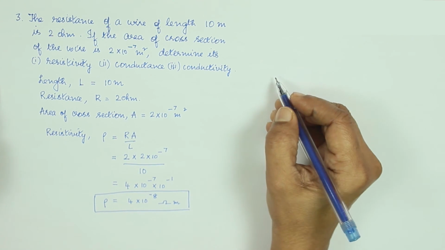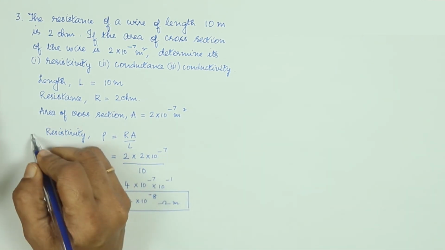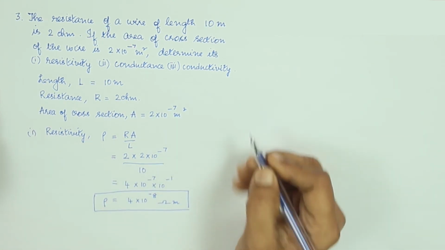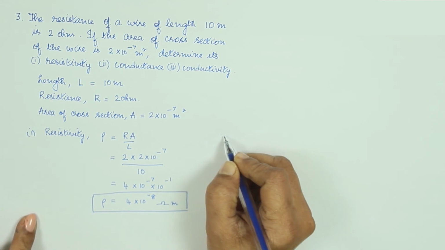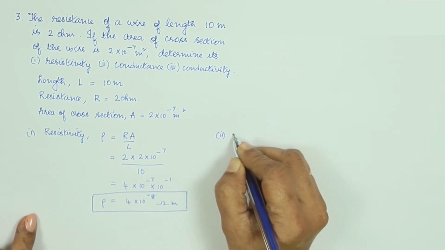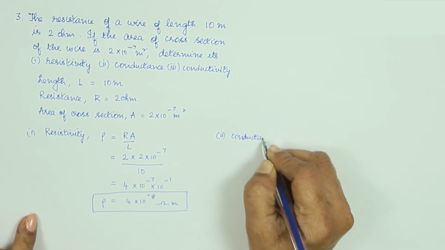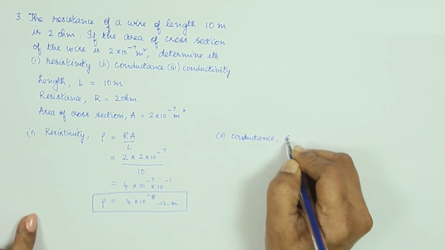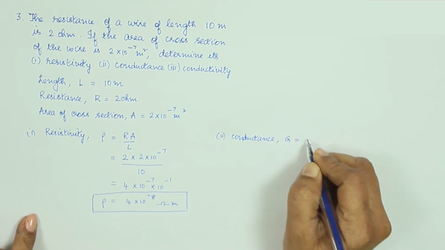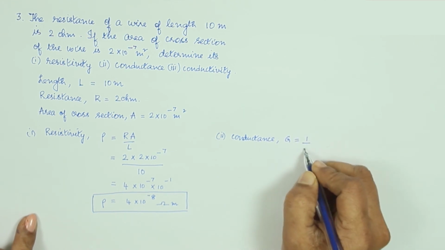Next, what is asked? Conductance. So resistivity was the first part of the problem. In the second part of the problem, conductance is asked. So conductance is given by G, which is nothing but the reciprocal of the resistance.